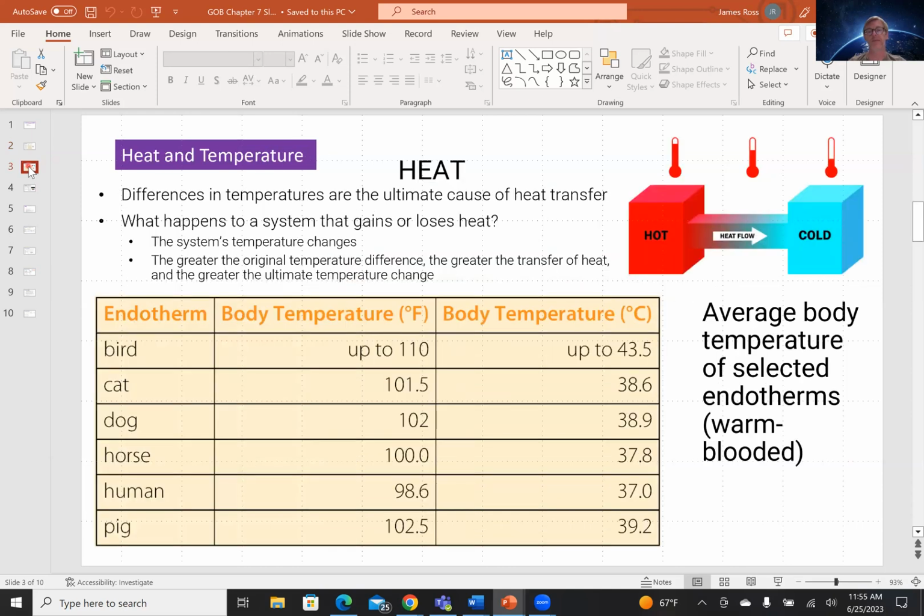Okay, so heat. As we've just said, heat is the energy transfer between two objects at different temperatures. Heat always travels from an object at higher temperature to an object at lower temperature. So for example, if you assume that your body temperature, we can see down here the second to last row, in Celsius is 37 degrees Celsius.